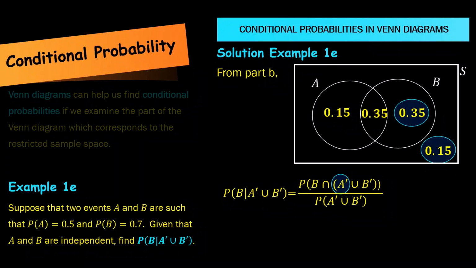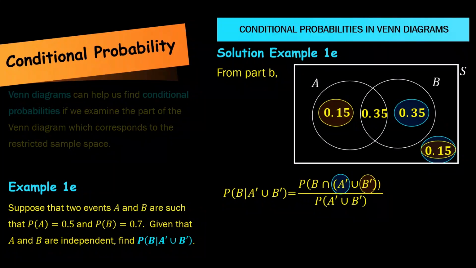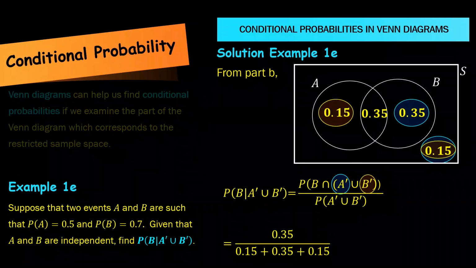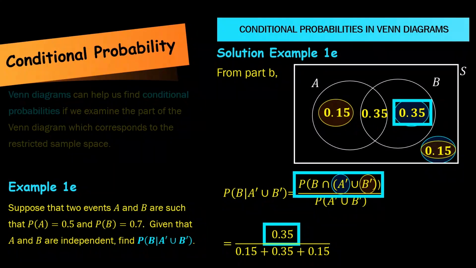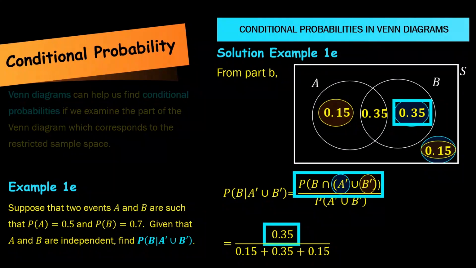Here's A dash, so the complement of A, in other words not A. Here's B dash, in other words not B, or the complement of B. And the probability of B intersect A dash union B dash is only this 0.35 value, as you can see.